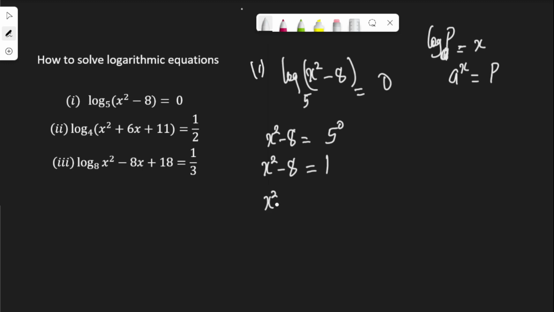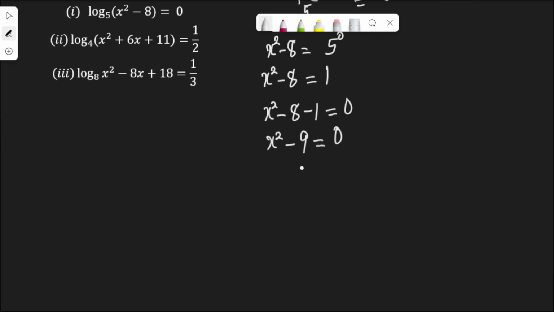Taking 1 to this side, it becomes minus 1 equal to 0. Hence, x squared minus 8 minus 1 is x squared minus 9 equal to 0. And 9 is a perfect square, so I can express that as 3 squared equal to 0.